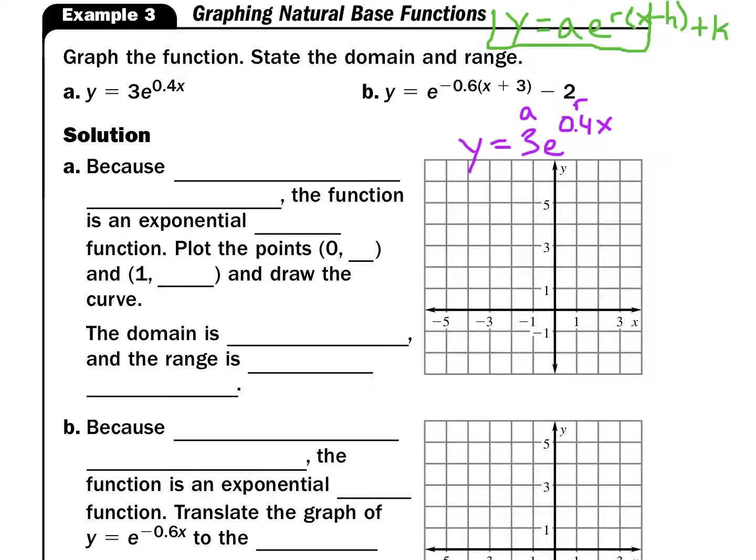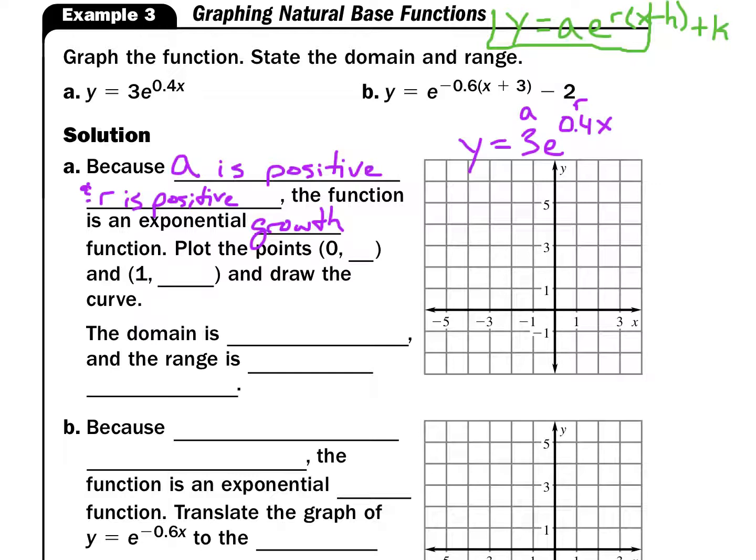And this does not have a shift because there is no h, there is no k, so because a is positive, and r is positive, the function is an exponential growth function.